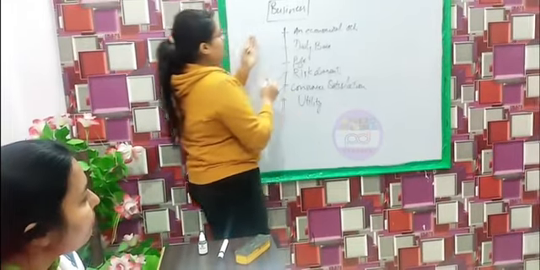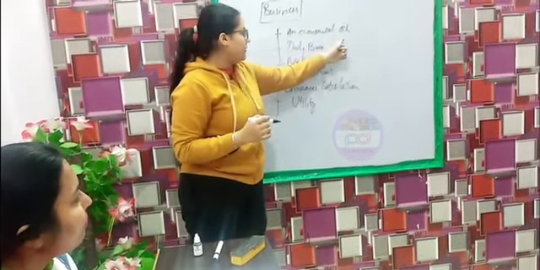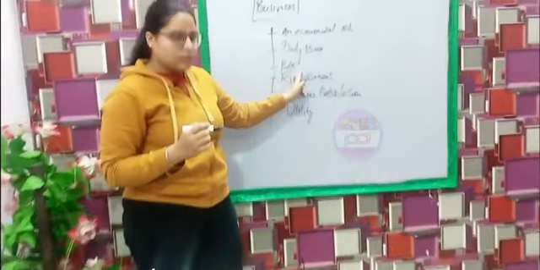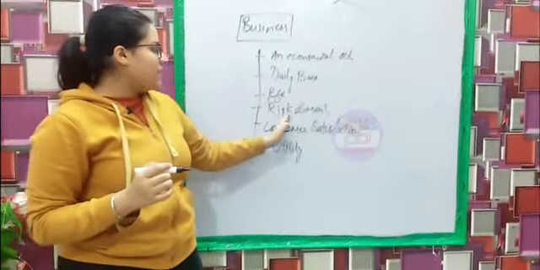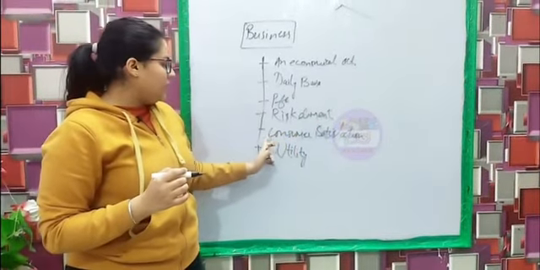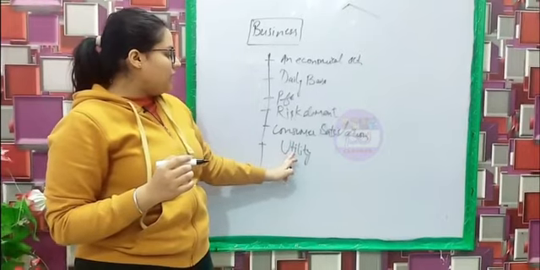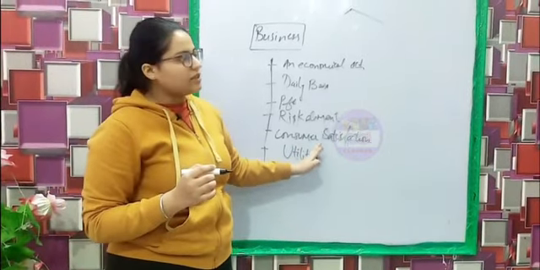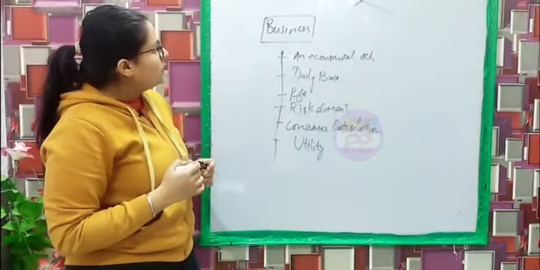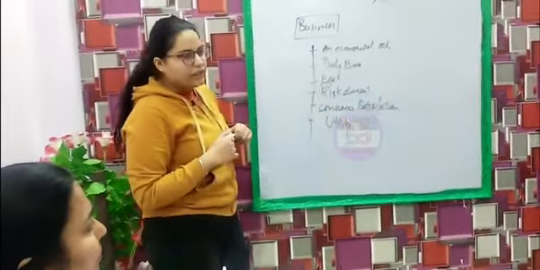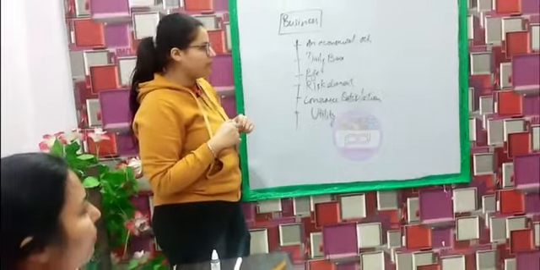So business is an economic activity performed on a daily basis whose main motive is to earn profit, in which a risk element is involved, where consumer satisfaction is the main point, and where utility is also a main concern. If you have understood it, or written it down, then I will take you to the next topic, which is employment, right?